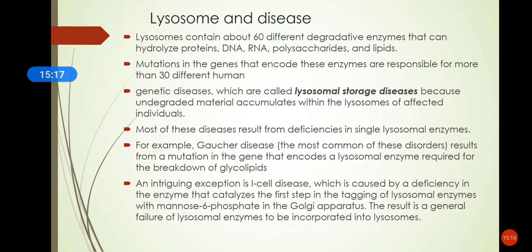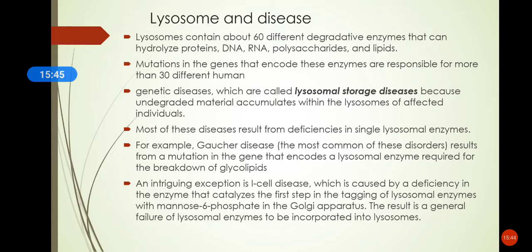We all know that lysosomes contain about 60 different degradative enzymes that can hydrolyze proteins, DNA, RNA, polysaccharides, and all the biological macromolecules. So mutations in the genes that encode these enzymes lead to about 30 different diseases in humans.